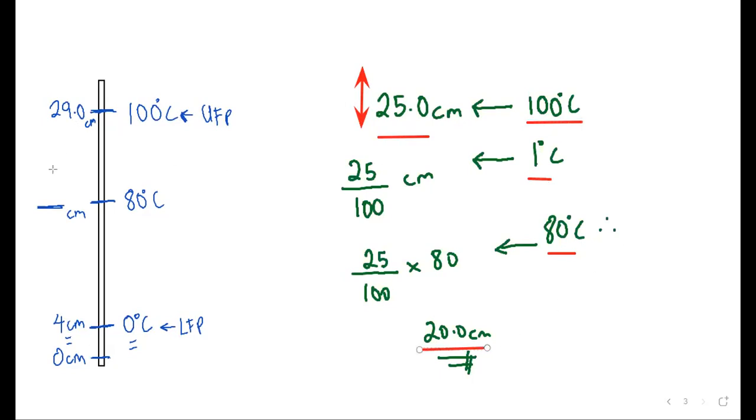But what is the answer here, if I put X? The answer must be 24 cm, because you have to add back the 4. The expansion from 0 was 20 cm, so the total length will be 24 cm. Okay, done with this question. Mr. Chu, you get it? Yeah. Okay, done.